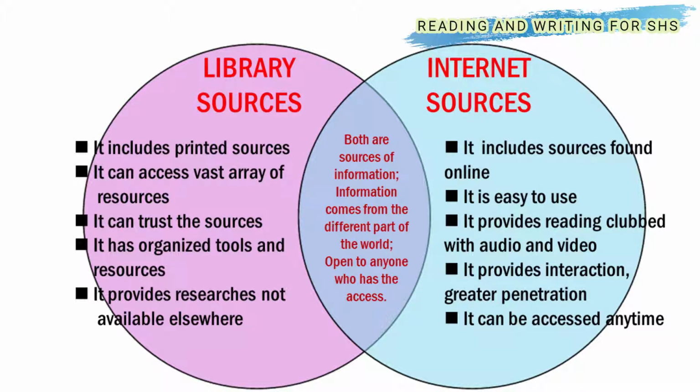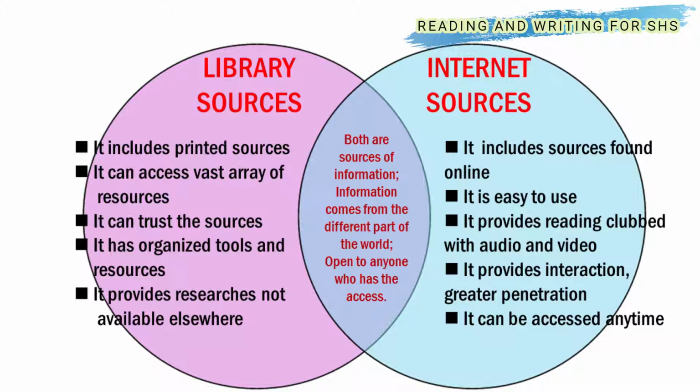While internet sources are sources that you can find online and can be called electronic sources, online sources, or web sources. And for the advantages of library sources, you can access a vast array of resources, trust the sources, use organized tools and resources, and find research that is not available elsewhere.